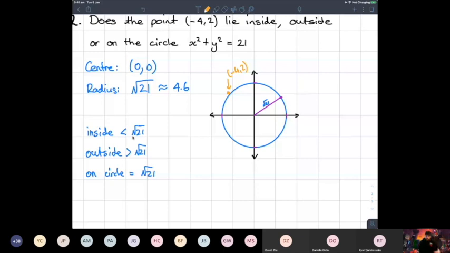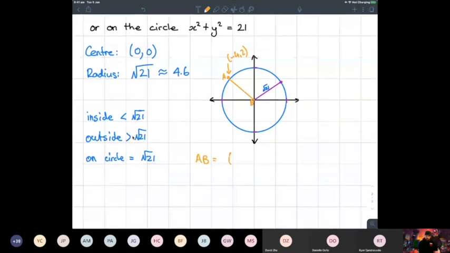So the length AB is just going to be the square root of -4 minus 0 squared plus 2 minus 0 squared. Well, that's actually just going to be the square root of 16 plus 4, which would just become the square root of 20.